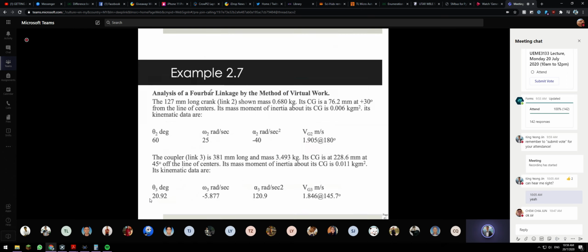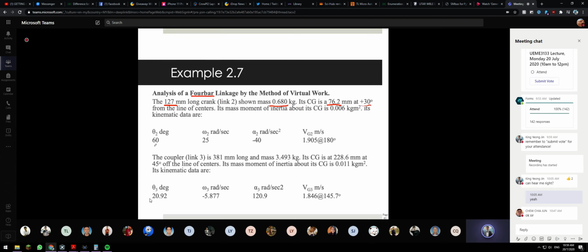We are still using the 4-bar linkage because we want to compare the result. So we have a 122 millimeter long crank, and it gives you the mass, the same data, the location of center of gravity and so on.